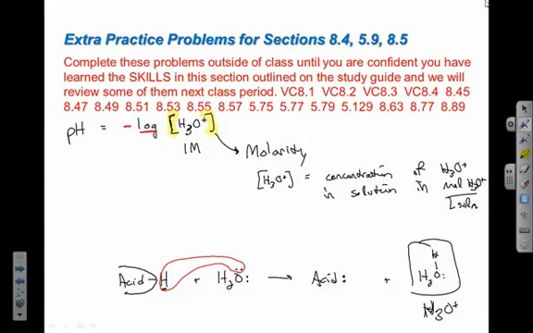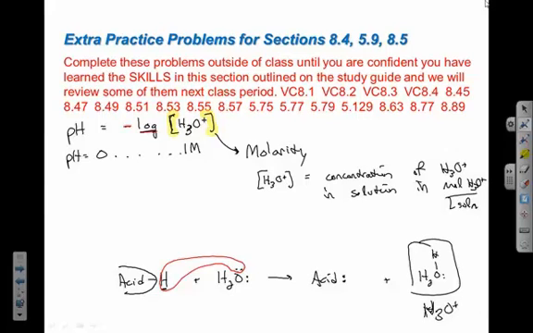The lower the pH, the more acid I have. Right? So looking at 1 molarity, plug this in. What's the log of 1? 0. So if I have 1 molarity, the pH equals 0. That's a pretty low pH. 1 molarity, it's not even that concentrated.